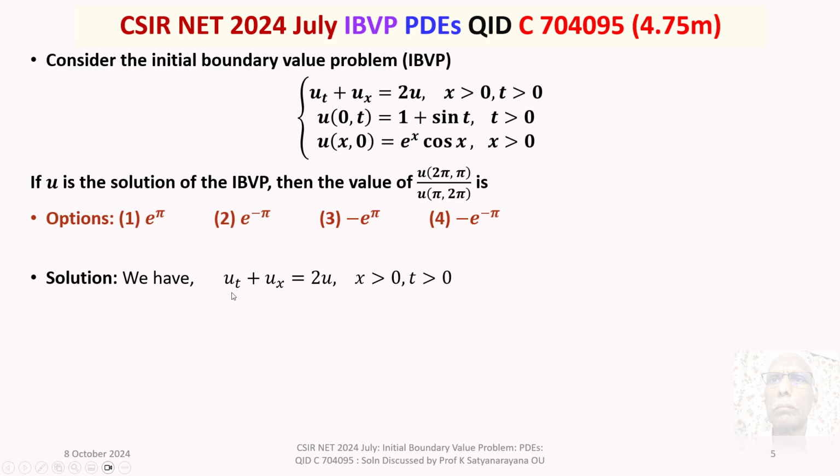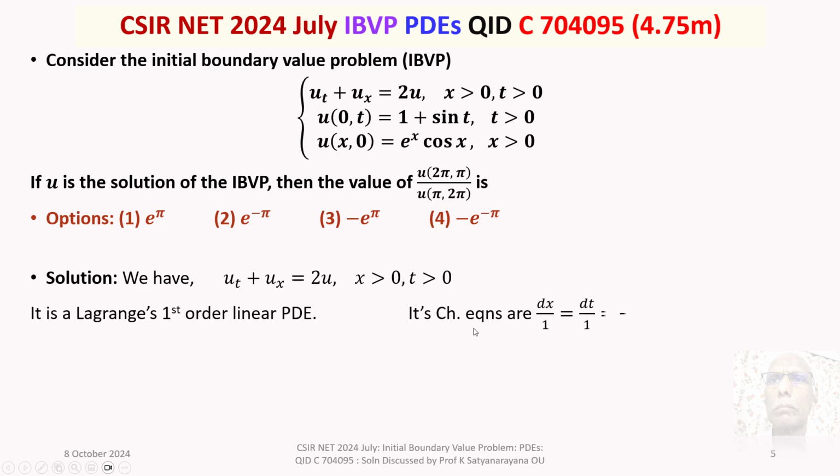We have del u by del t plus del u by del x is equal to 2u when x greater than 0, t greater than 0. It is called Cauchy's problem, otherwise it is a Lagrange's first order linear partial differential equation. Right.